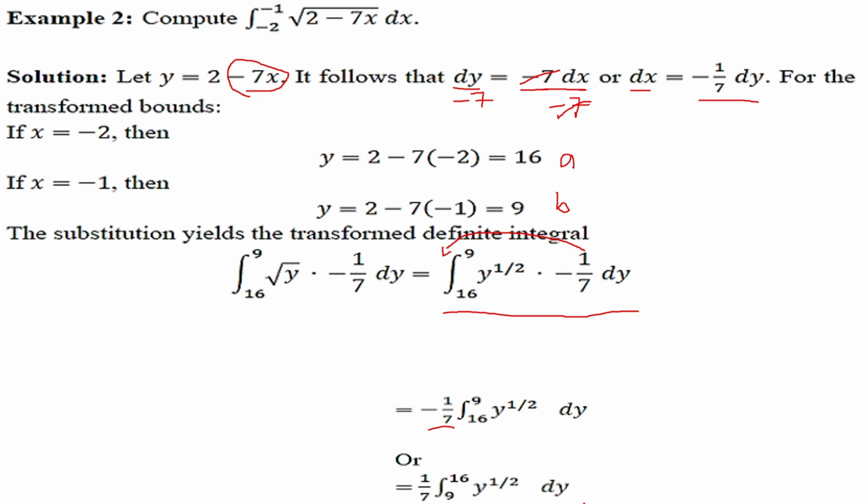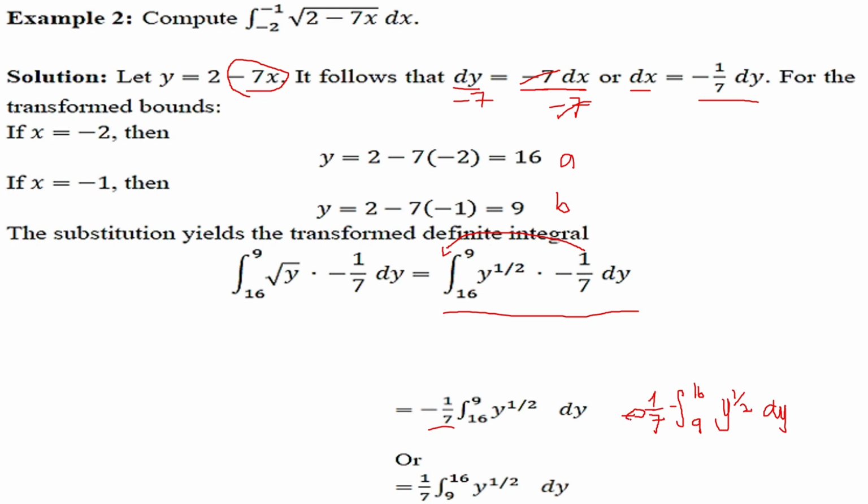As you can remember earlier, we cannot put the a as higher. It should be b as the higher. So it will be like this: negative 1 over 7, and since they were switched it becomes negative, y raised to 1 half dy.